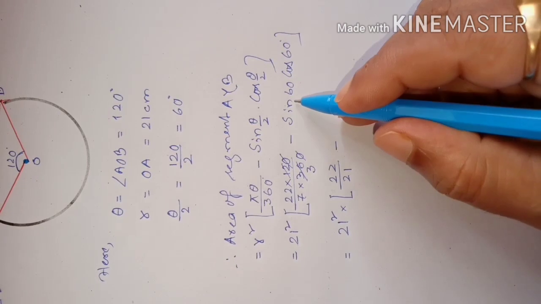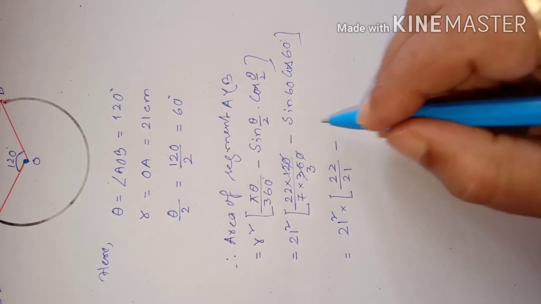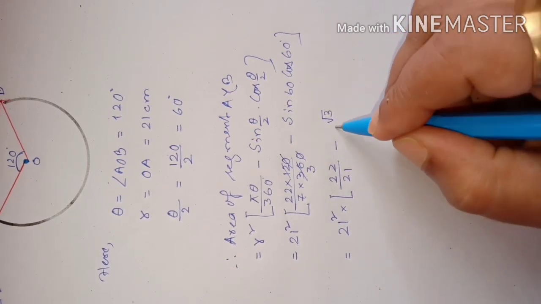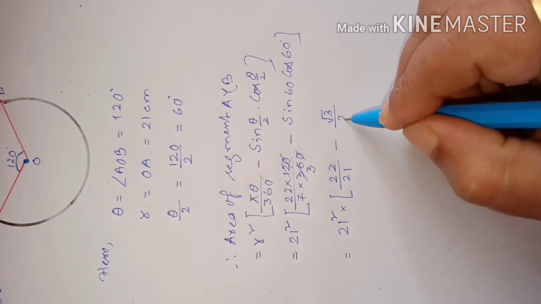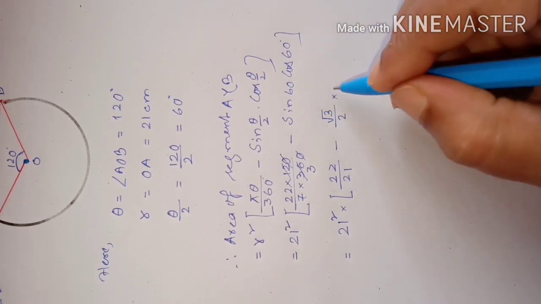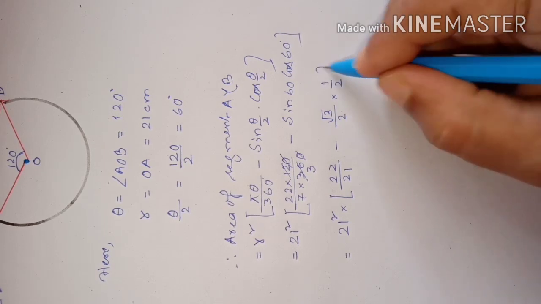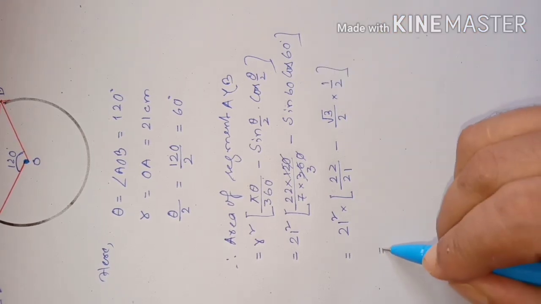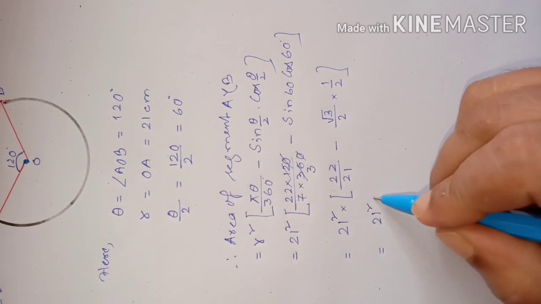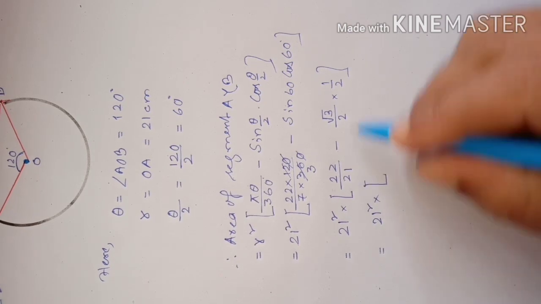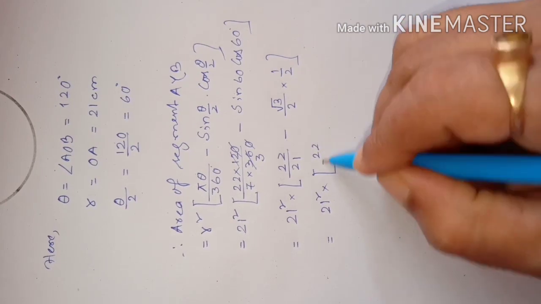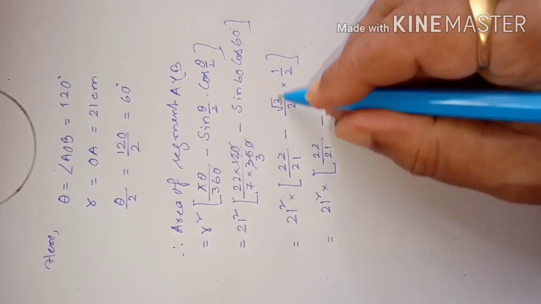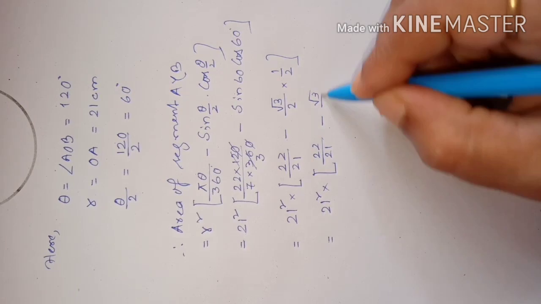Minus sin 60. Sin 60 is what? Root 3 by 2. You recall the trigonometric table values, no? Cos 60 is 1 by 2. So this is 21 square into, inside part let us combine and take their LCM. 22 by 21 minus root 3 into 1 is root 3 by 2 to the 4.